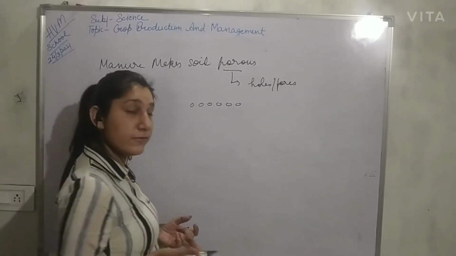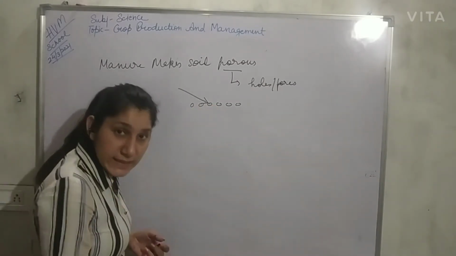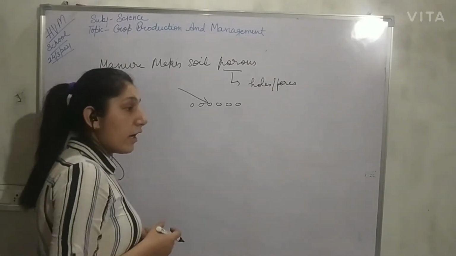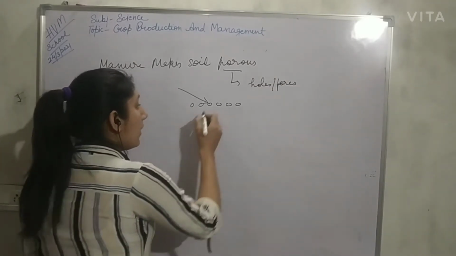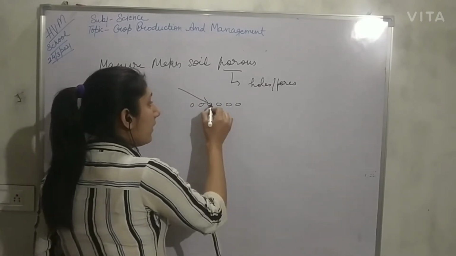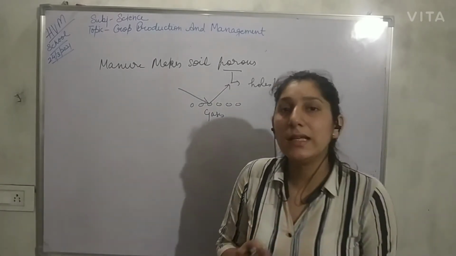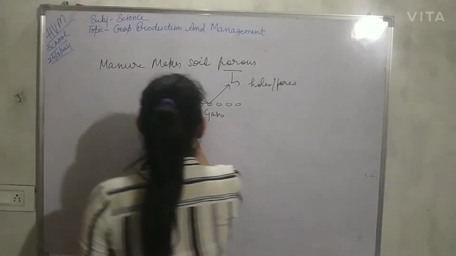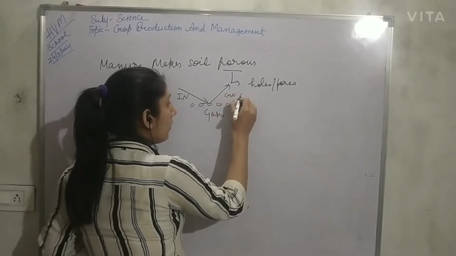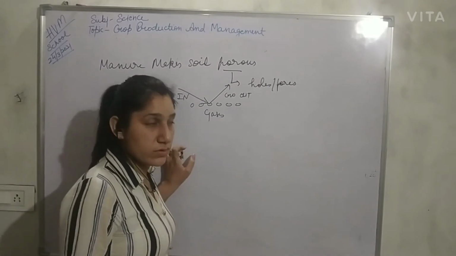What is the work of these holes? There are so many gases that the soil needs inside it in order to grow the crops, and after growing the crop, the gases that are produced inside go outside via these holes. So basically the gases come in and go out with the help of these holes or pores.